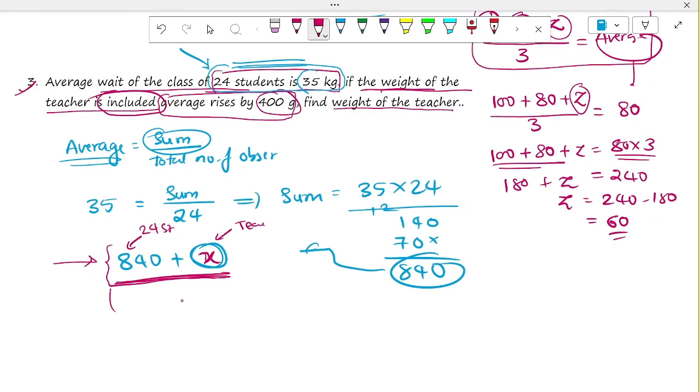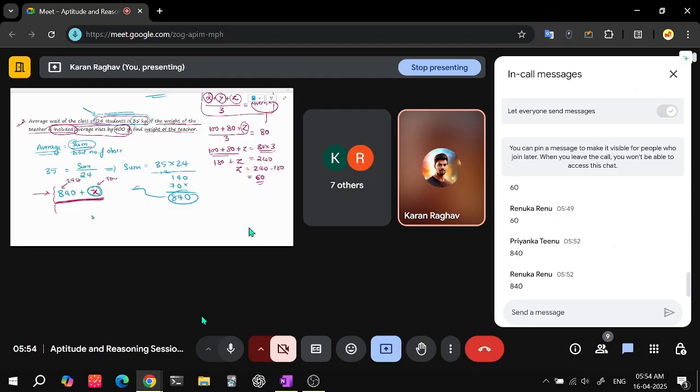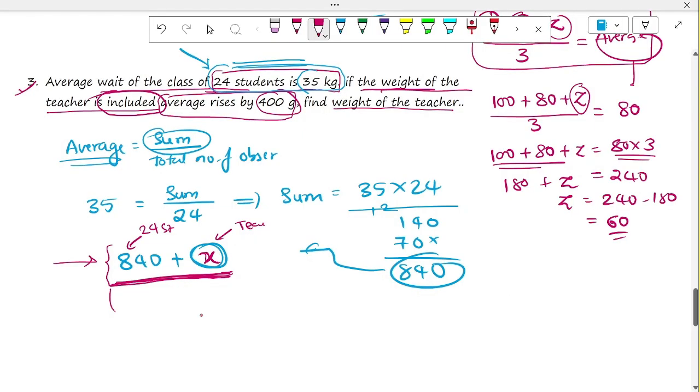So to find the average, you will divide by the number of observations. There are 24 students and one more teacher, so the total number of observations becomes 25.